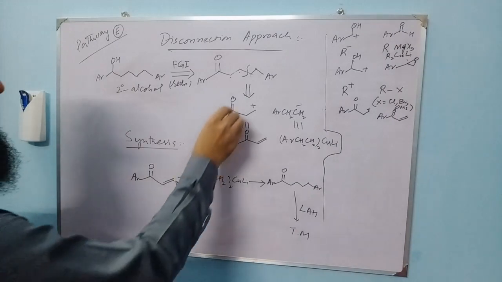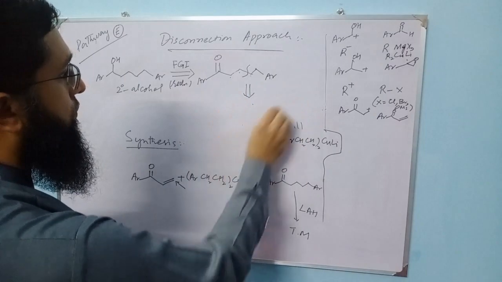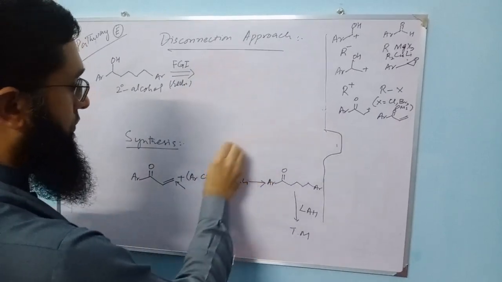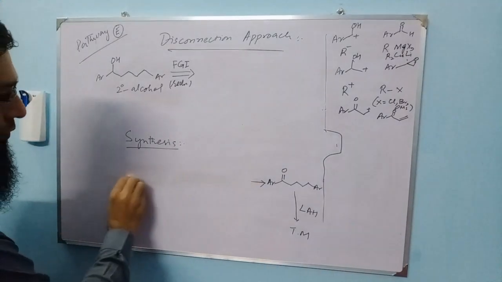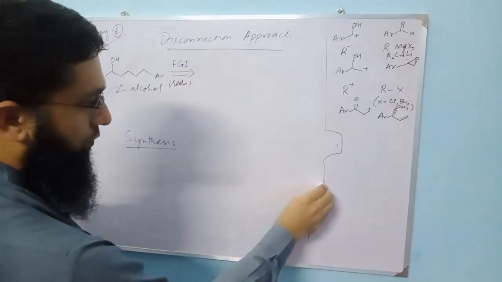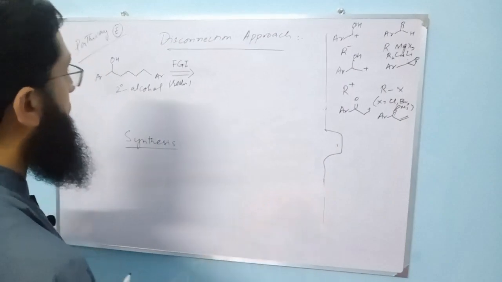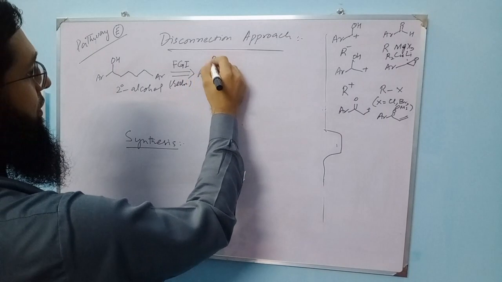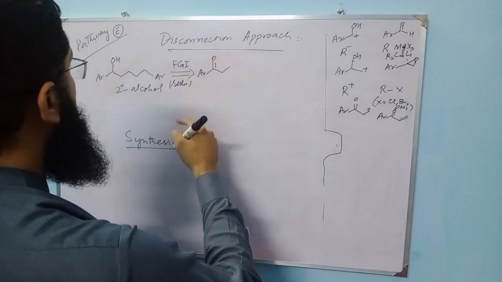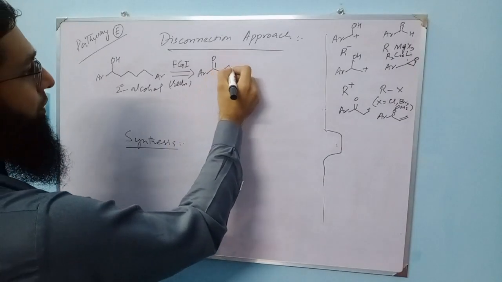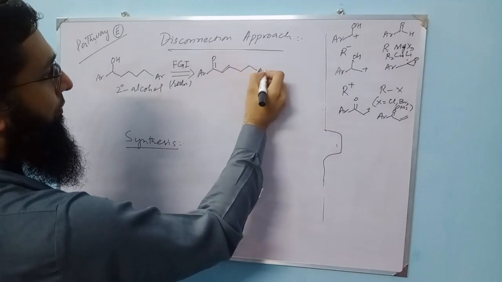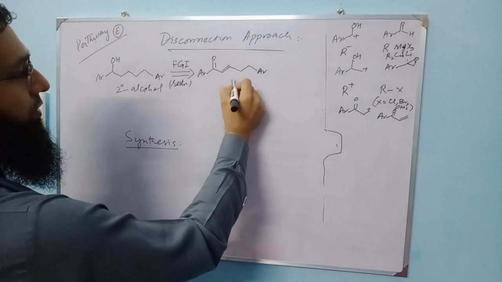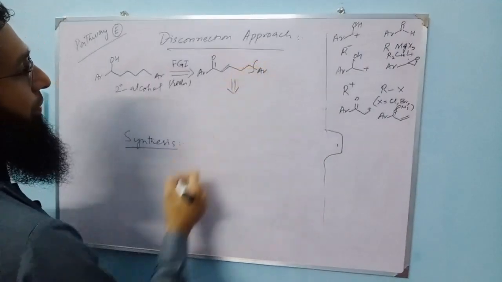And now another pathway. This will again be obtained from the corresponding ketone, but we can use this ketone this time and disconnect from here.